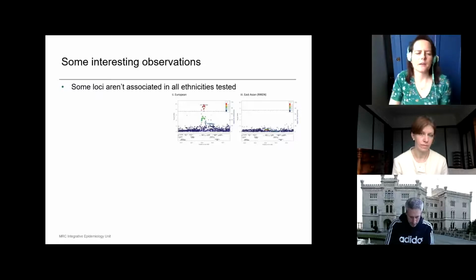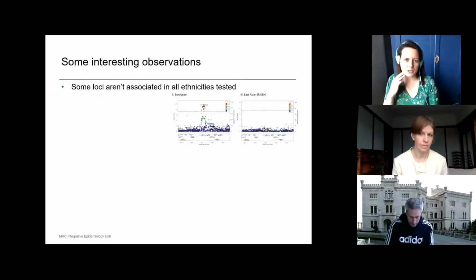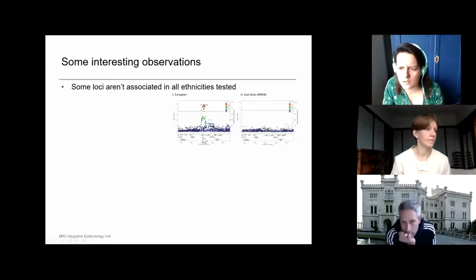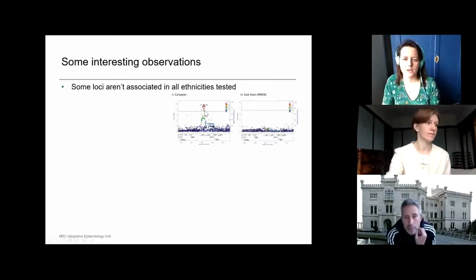So I've just put up here a couple of interesting observations from the eczema GWAS that we did. One is that some loci aren't associated in all ethnicities tested. Here's one locus, I think this is the IL6R locus, where we see a really strong association peak within the European samples that we included in our analysis.